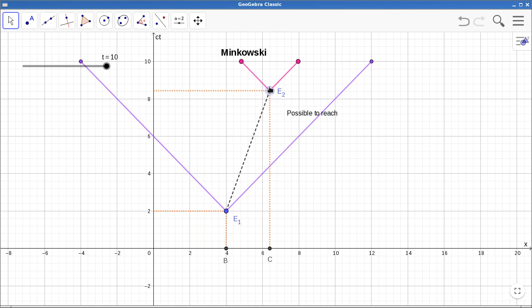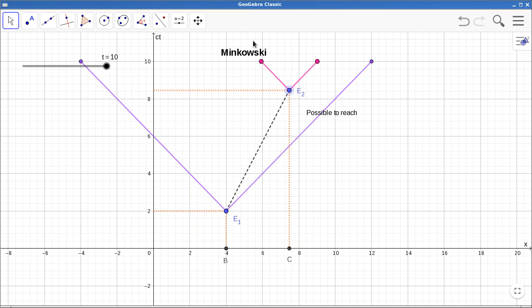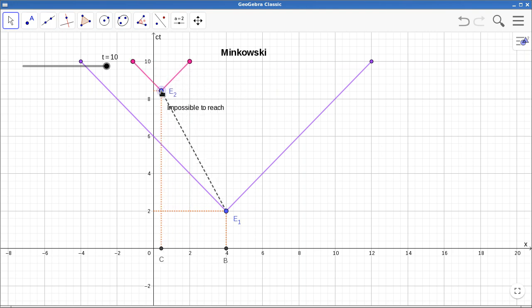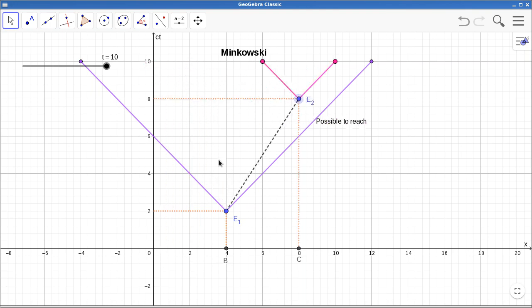Now the displacement vector, or the displacement interval in the Minkowski space-time, from E1 to E2 for this situation will be time-like. Meaning if E2 is within this light cone, then it will be time-like. If it is outside this, then it will be space-like.